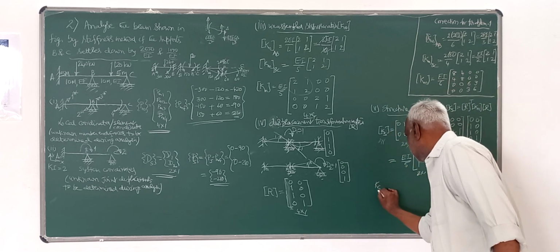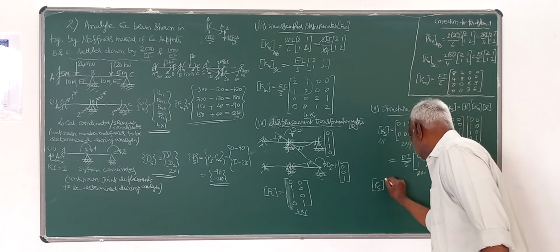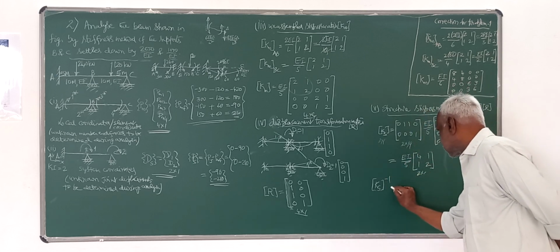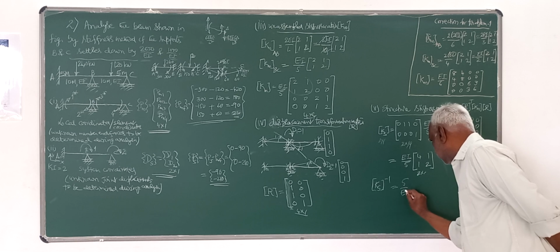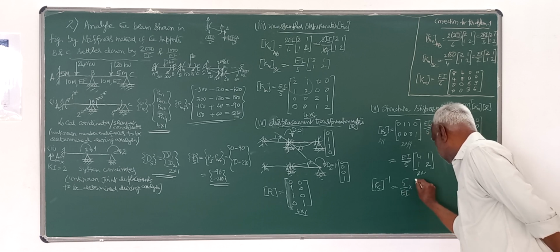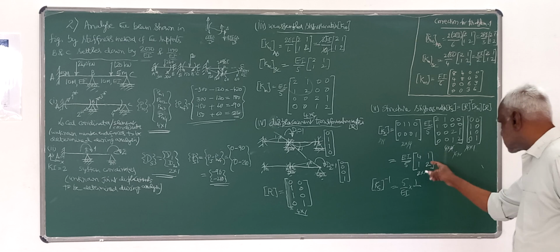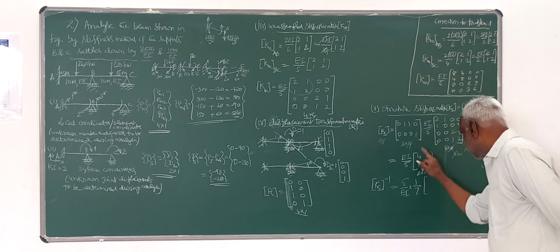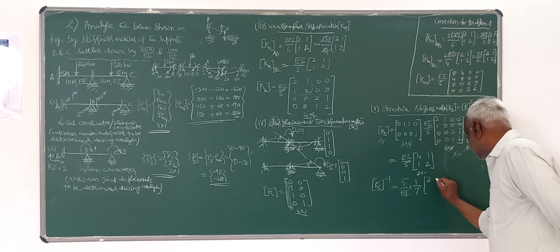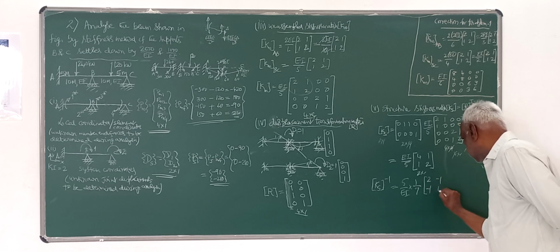So here itself, you can determine the inverse of this KS matrix, which is nothing but 5 by EI into 1 over the determinant of this, which is 8 minus 1, 7, and the cofactor of this is 2, minus 1, minus 1, 4.